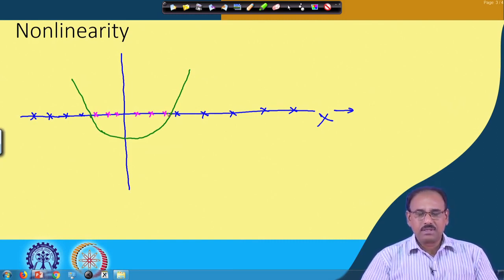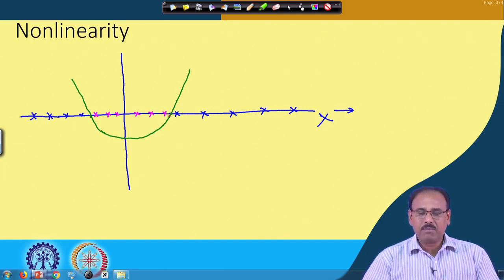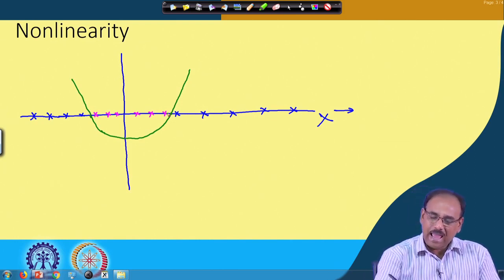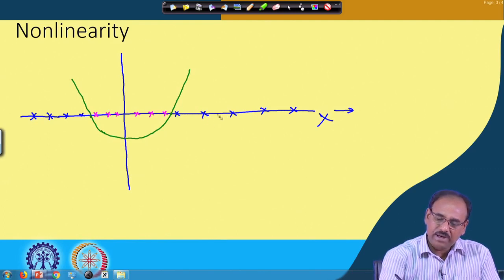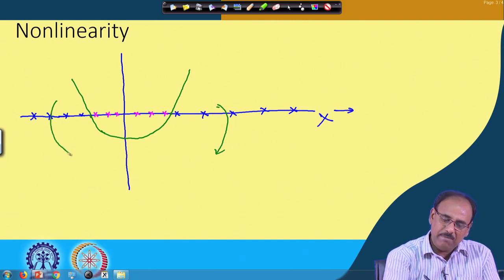So, how to solve this? I can still solve this by having a nonlinear mapping of the feature vectors. I will have a nonlinear mapping of these feature vectors in such a way that they will be remapped in this direction.